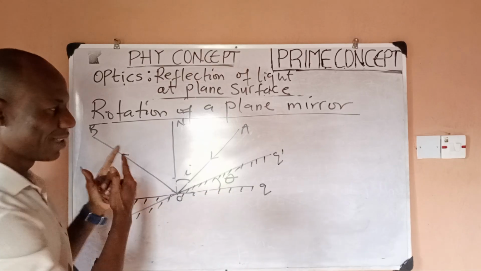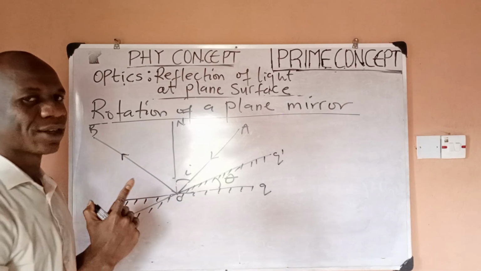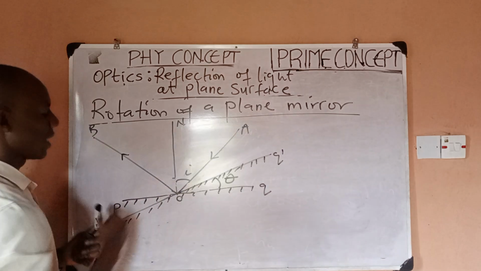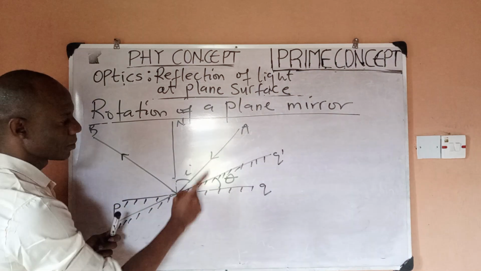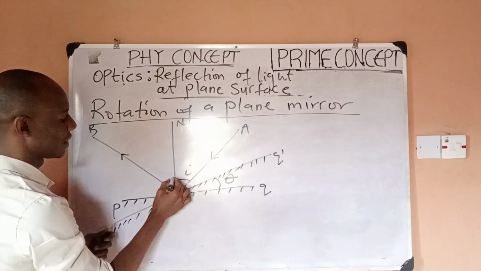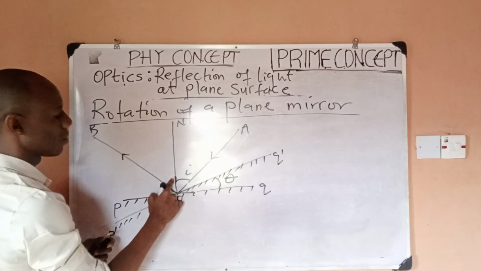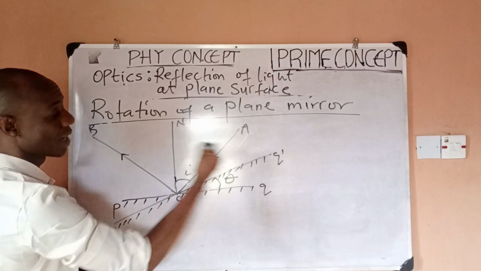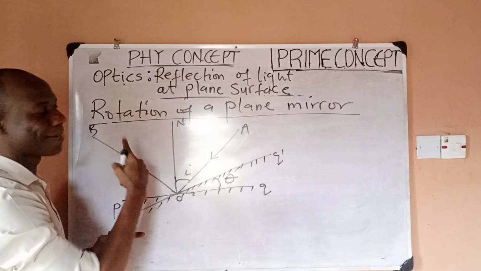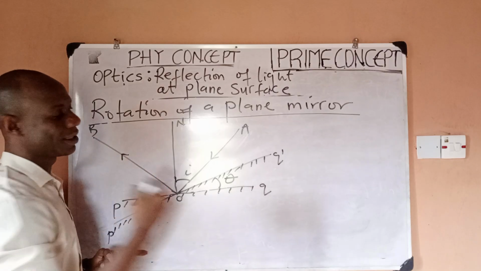According to this principle, the angle of reflection would also rotate through twice that angle. I'm maintaining this incident ray. Because I've rotated this mirror, I should have a new position of normal, because your normal is always the line that makes an angle of 90 degrees with your surface.